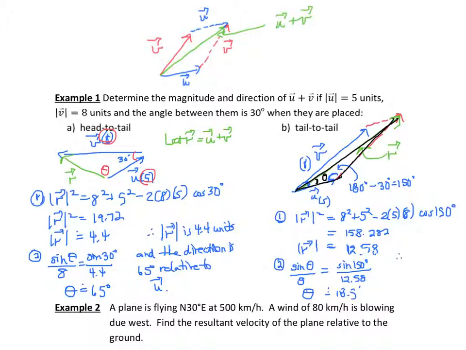So we'll say, therefore, the magnitude is 12.58 units, and the direction is 18.5 degrees to vector u.